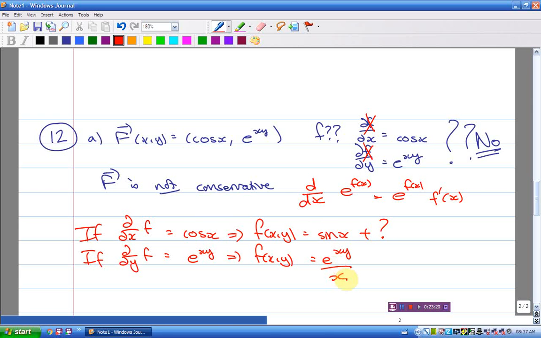Because if we differentiate little f with respect to y and get e to the xy, then I must have started off with the term e to the xy over x. Okay? So I could say, okay, well then my little f must be the sum of those two terms. It must be sin x plus that exponential thing. But it can't be. Because if little f had that exponential thing in it, that exponential thing would have appeared in my x derivative as well, and it doesn't.